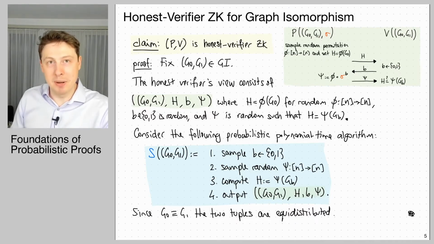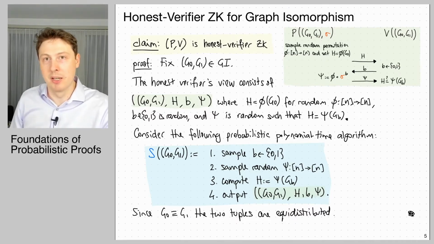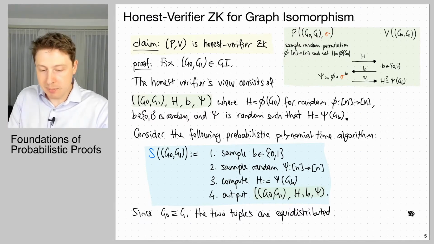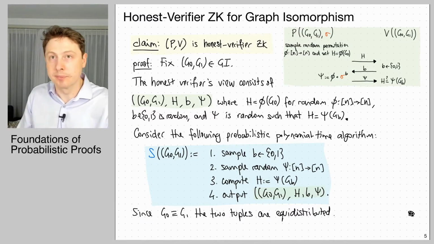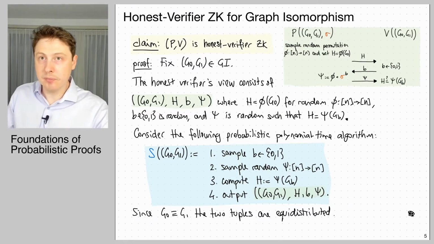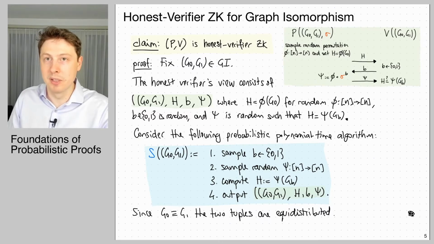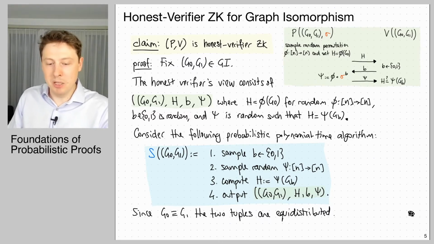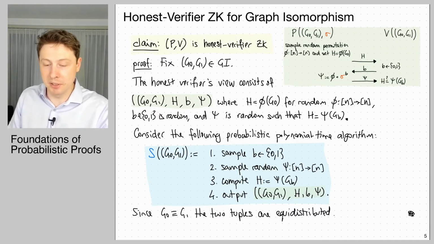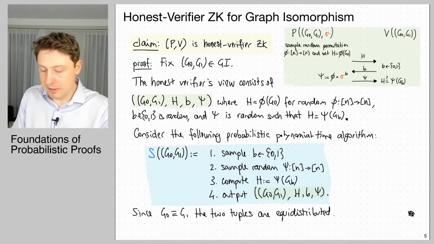So that is the mental picture to keep in mind: after the interaction is over, what did the verifier learn? Well, a sample from this distribution. And we're saying this sample is easy to sample by yourself. So any experiment or learning you can do about this, you could have instead done by saying, I'll run the simulator and just go home and study this instead. And it would be literally the same thing.